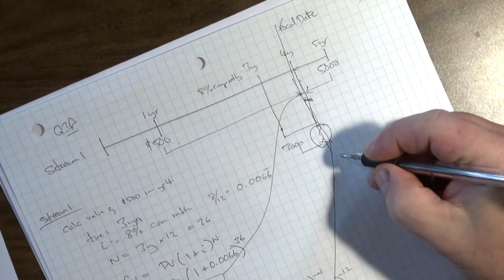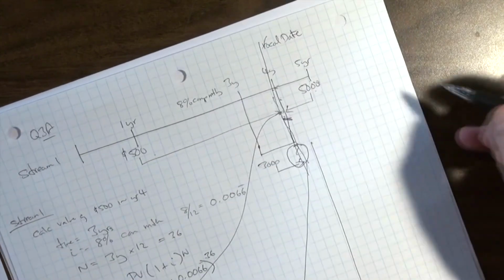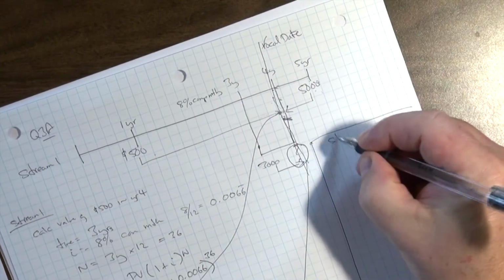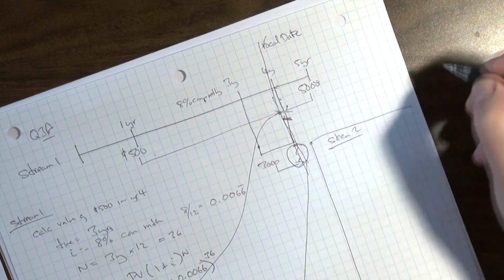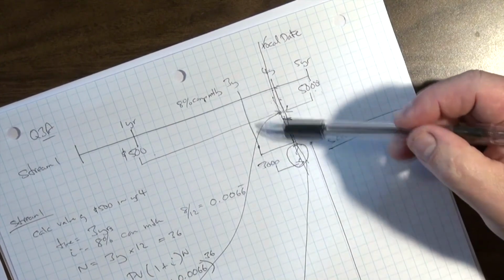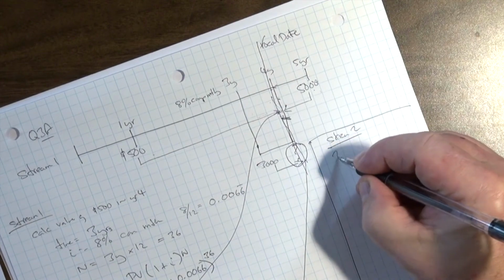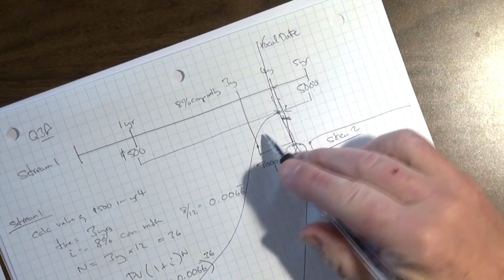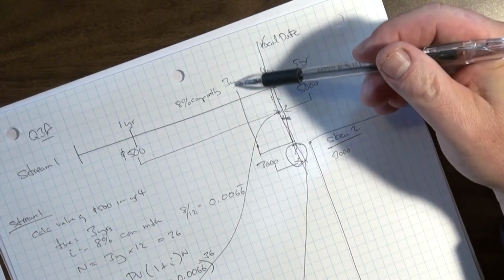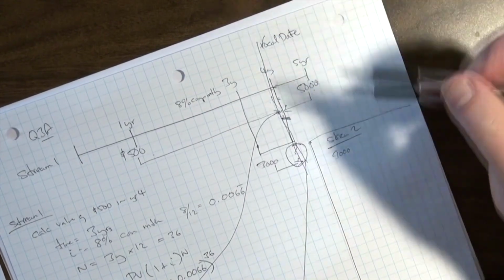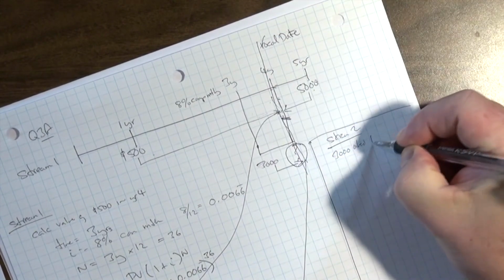Now let's take a look at stream two. I'm going to go over here and do this, make sure you can see it. So this is stream two. Stream two is really looking at $3,000 that was paid in year three. So let's bring it ahead 1 year.